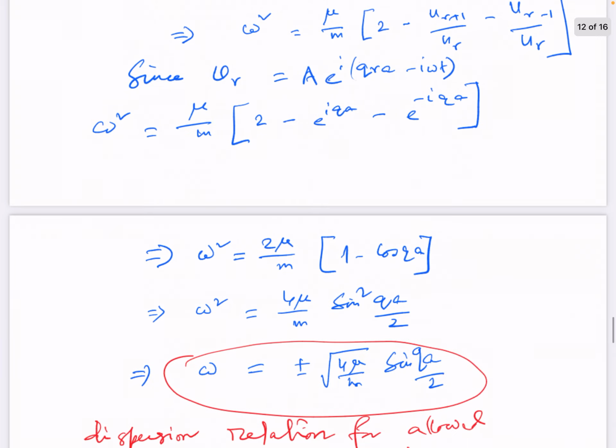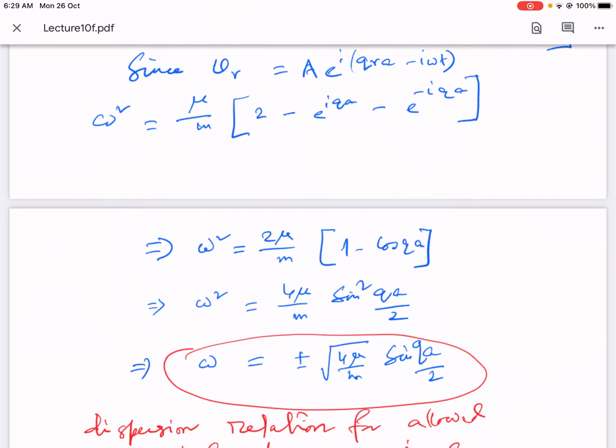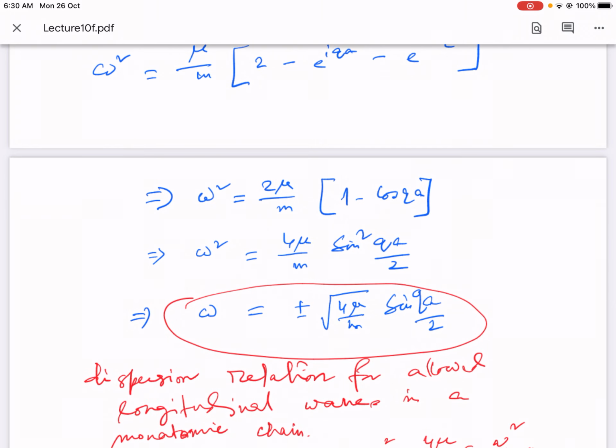So if you simplify this, e to the power i q a plus e to the power minus i q a is 2 cos qa, so this is now 2 times 1 minus cos qa, and the 2 has been taken out. So omega square equals 2 mu by m times 1 minus cos qa, and 1 minus cos qa is 2 sine square qa by 2.